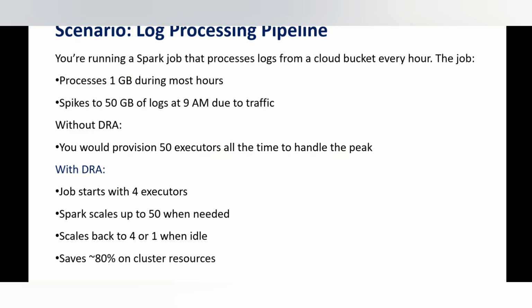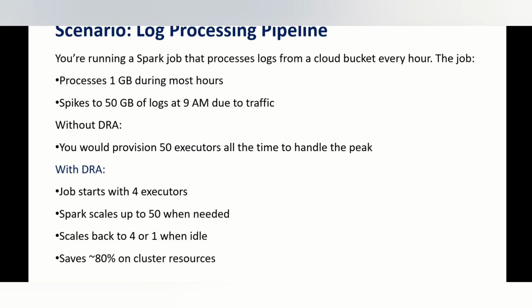In your peak hour, DRA is initiated and launches more executors, up to 50. You have mentioned the highest number is 50. As per the requirement it can increase the number, 10, 20, 30, 40, whatever it wants, up to 50 when needed.